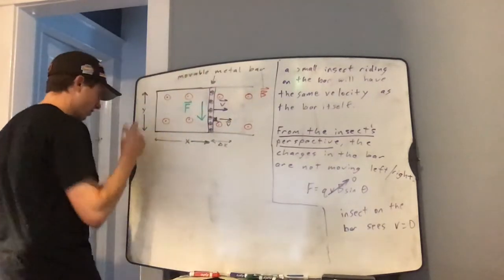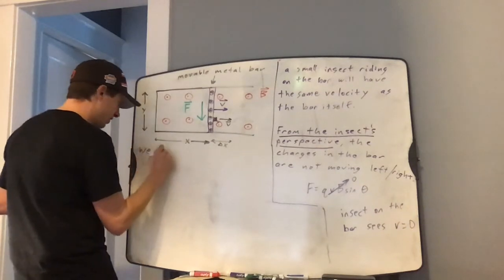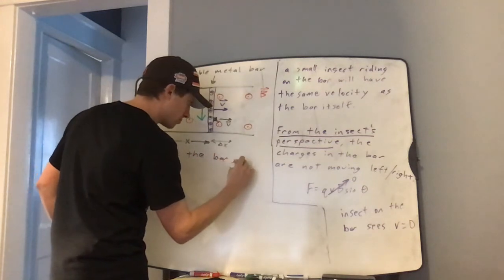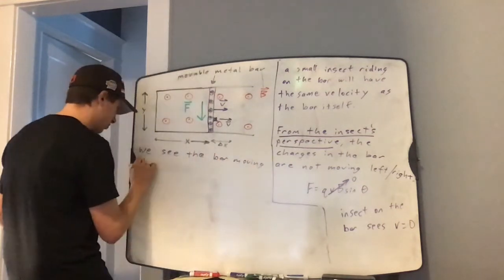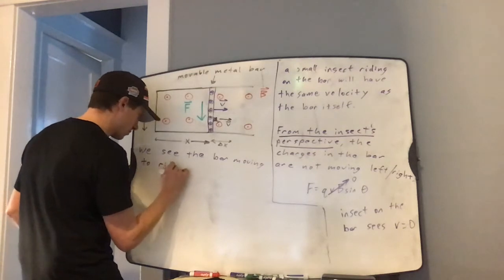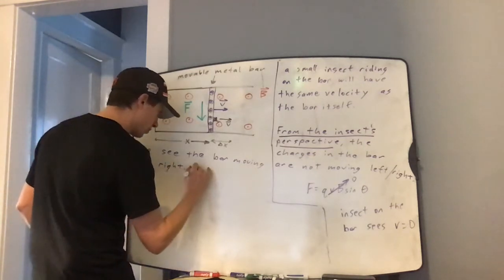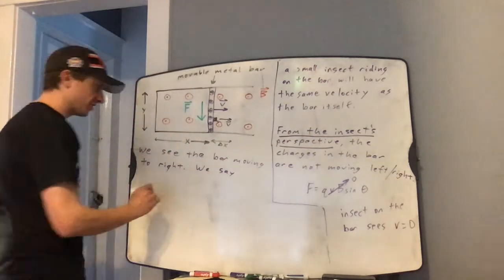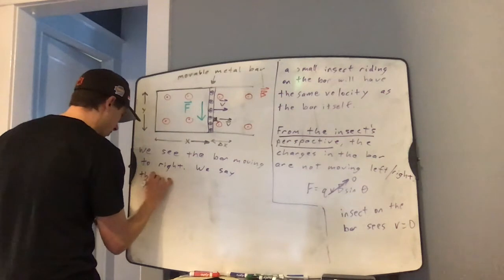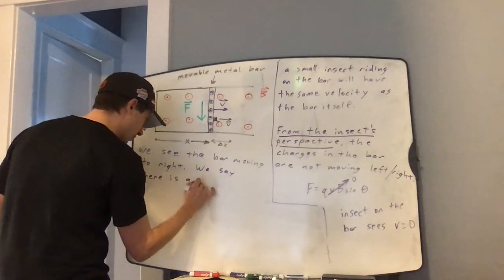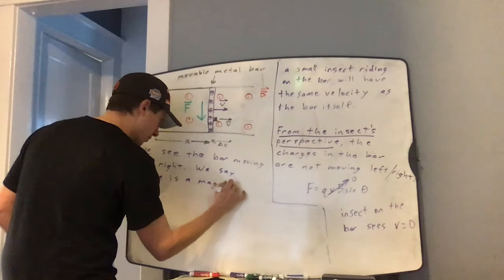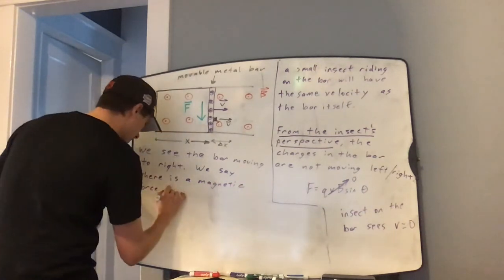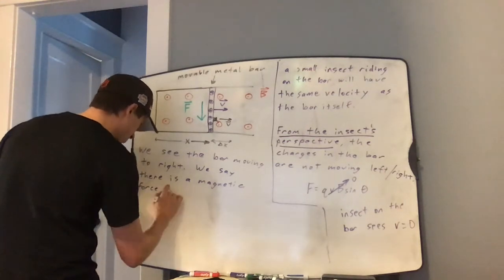So I could say we see the bar moving to the right. We say there is a magnetic force on these charges that is pointing downward.